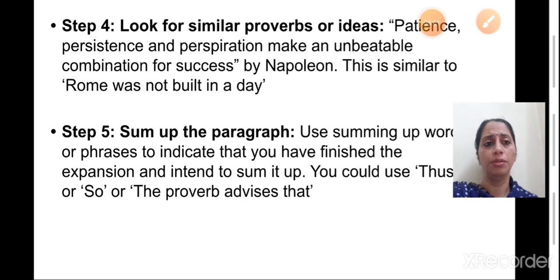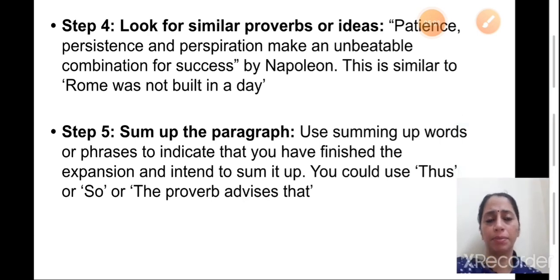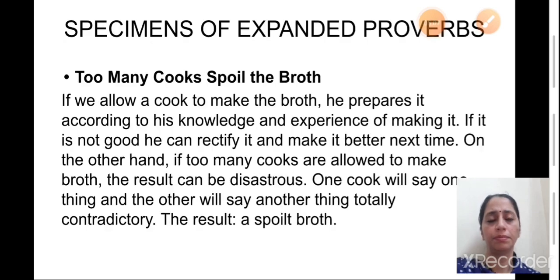Okay, so let's see an example related to proverb expansion. Here I have one example, a specimen for you all. Too many cooks spoil the broth. Now what have I done? Basically, I have divided this proverb expansion into two parts, two paragraphs namely.